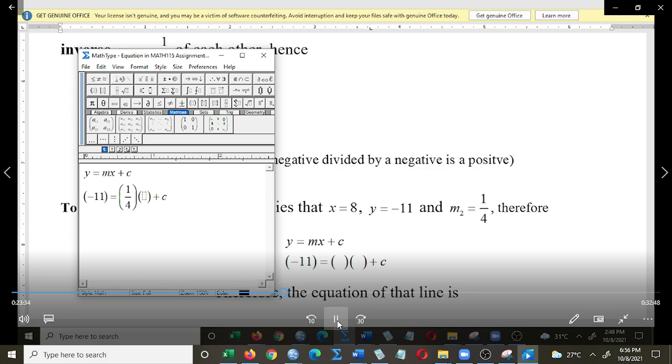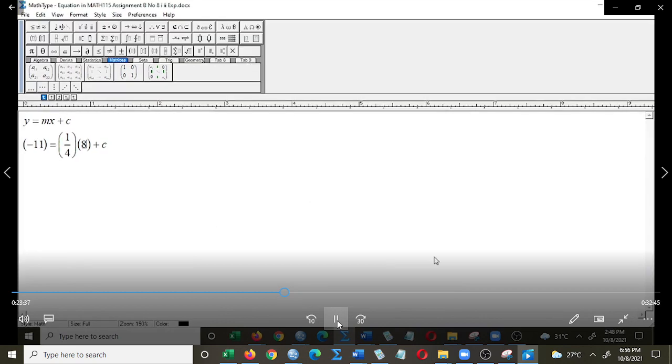Alright, so what I'm going to do, I'm going to give you about 2 minutes to calculate and see what you get for c, and then compare the answer with what you have. Okay, just 1.5 minutes.